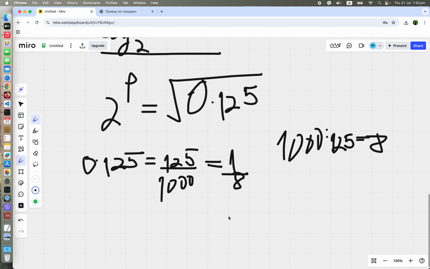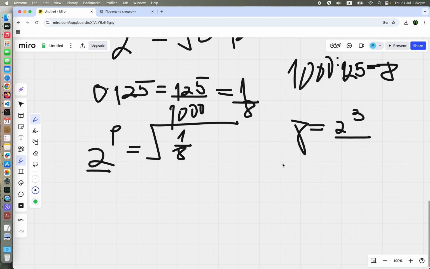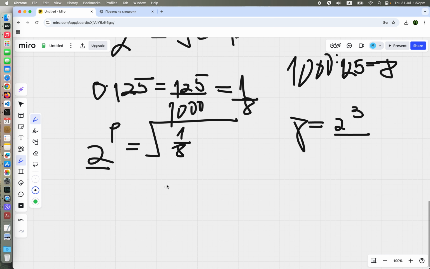And now we can use that 2 to the power of p is equal to the square root of 1 over 8. And now we can see that 8 is just 2 to the power of 3, and that's gonna be useful because the base here is 2 and we wanna transform this to 2 to the power of something. So now we say 2 to the power of p is the same as square root of 2 to the power of 3.